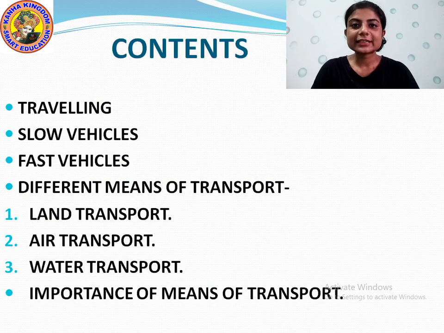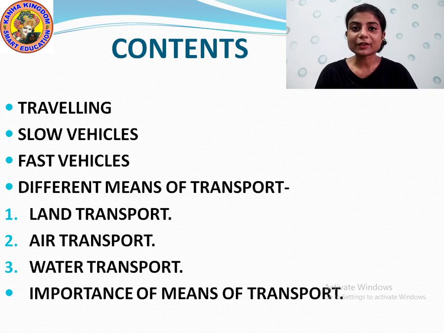So kids, in this chapter we will study what we mean by traveling. Transportation is related with traveling. Then slow vehicles, fast vehicles, we will study about different types of vehicles that are used to travel.